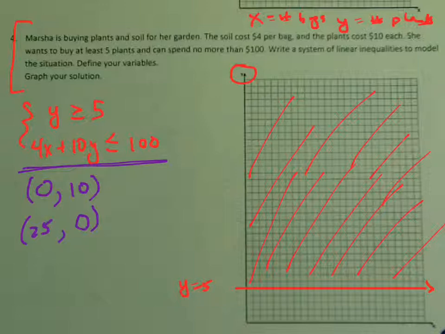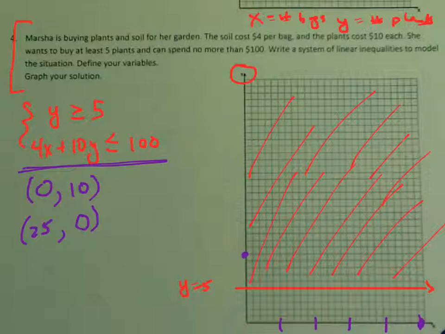So 0, 10 is 1, 2, 3, 4, 5, 10 more up. There's that point right there. And 25, 0 is, let's see, 1, 2, 3, 4, 5, 6, 7, 8, 9, 10. Something around there.